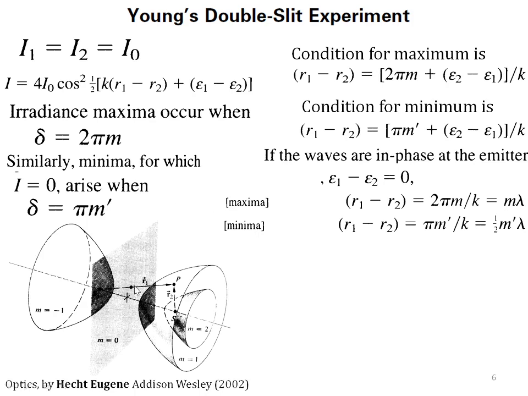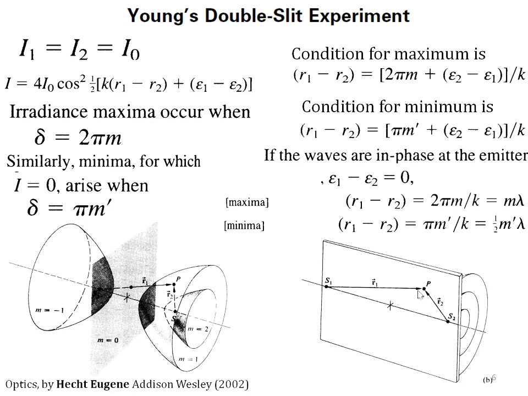But what happens when you observe the same thing on a plane? Now suppose we are trying to see the interference pattern on a plane containing the two sources. You may see a maximum somewhere here.